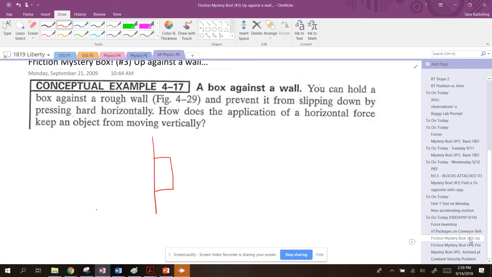Just deal with the gravity. The normal force is equal to the y force, right? And then friction is opposing gravity.